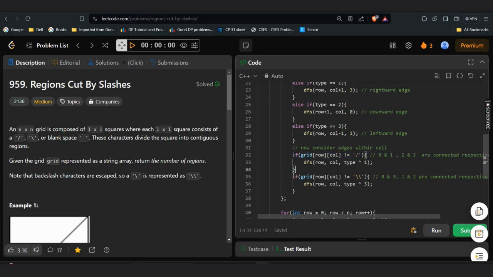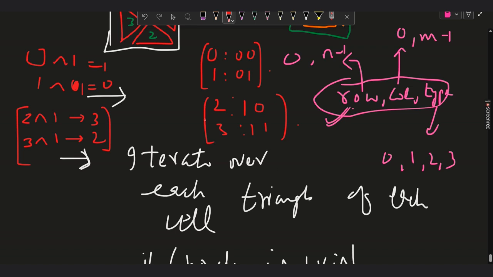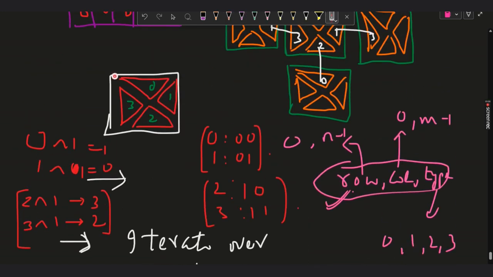So let's now consider if there is no backward slash, right? If there is no backward slash, that means 0 is connected to 3 and 1 is connected to 2. So now I have to interchange between 0 and 3, and 1 and 2. Let's see the behavior of 0 with 3 and 1 with 2.